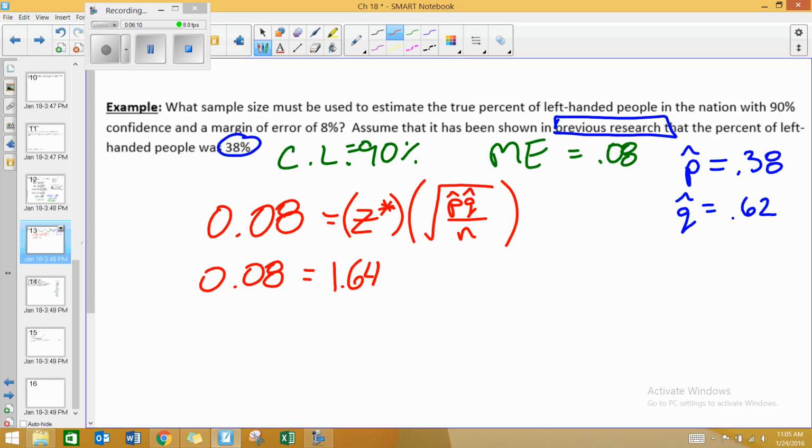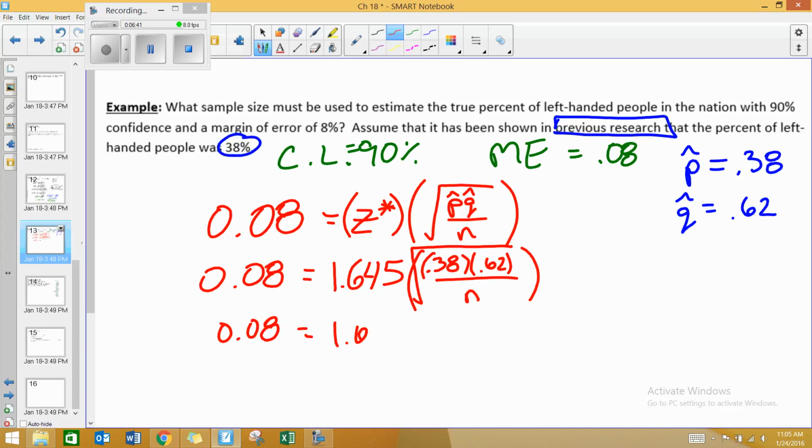You can use the same process we used on the example before this, or if you've memorized some of the popular critical values, that's fine as well. So in here, we have 0.38 times 0.62. I want to know how many people I have to sample to obtain this margin of error and confidence level. So square root all of that. And we've got 0.08 equals 1.645 times the square root of 0.38 times 0.62, which is 0.485.